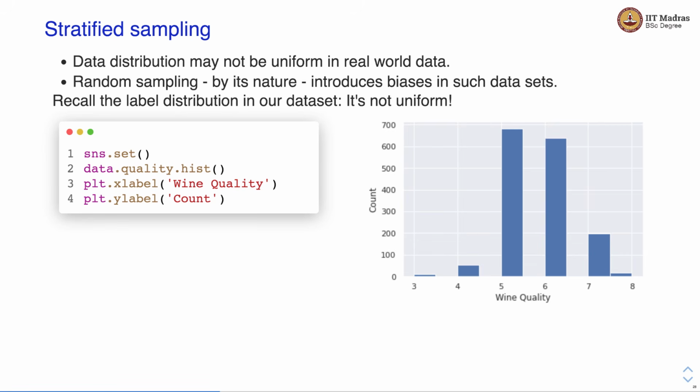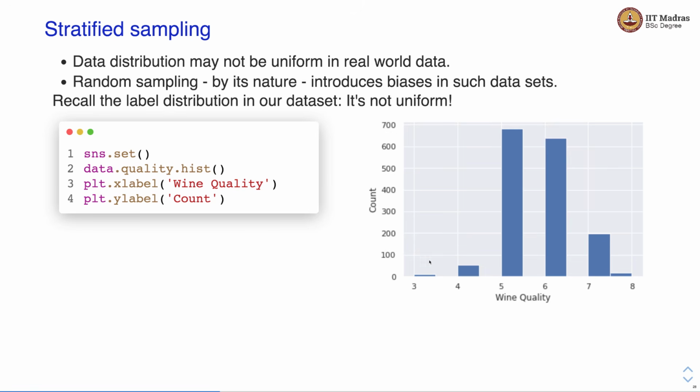In our wine quality dataset, the label distribution is not uniform. The labels of type 5 and 6 are far more represented than the other types of label. Labels 5 and 6 are overrepresented in the dataset, whereas other labels are underrepresented.